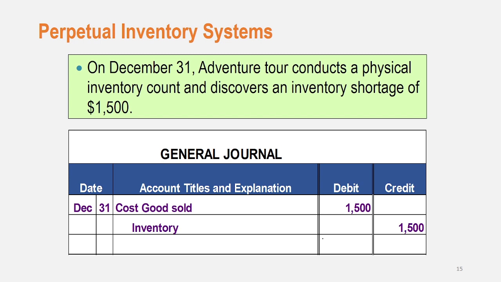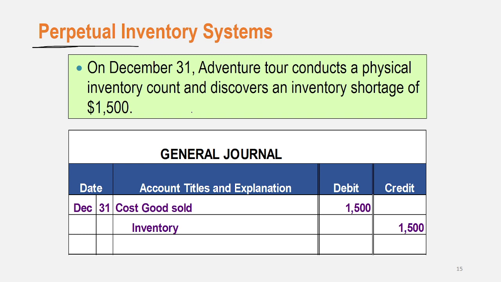So we are acting under the perpetual inventory system. And as we know, the perpetual inventory system tracks inventory levels continuously and updates records in real time as goods are bought and sold. Okay?